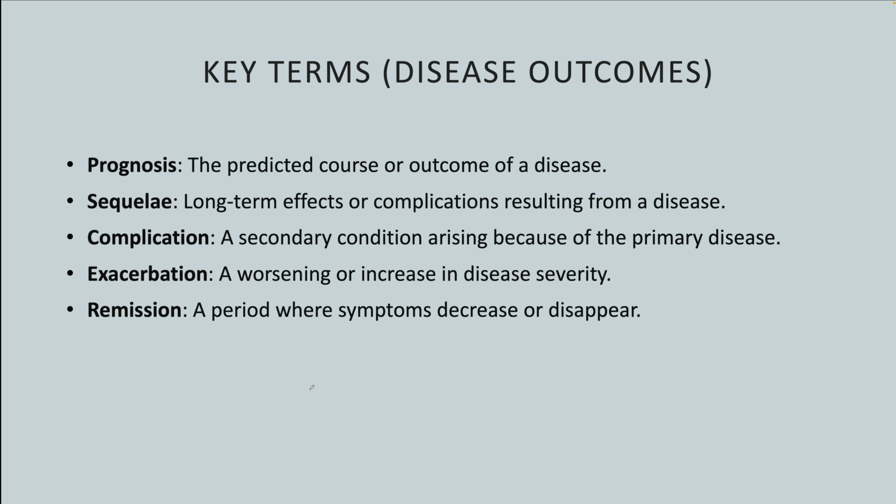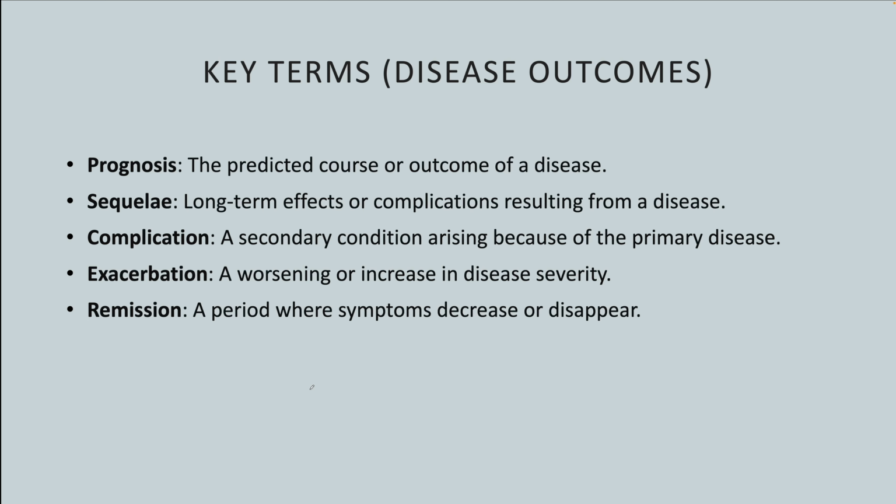Prognosis is the predicted outcome of a disease. Okay, in most cases, and that is what we want, people get totally okay, they recover completely. Sometimes the recovery takes longer. Sometimes they recover but not completely. And sometimes people die.